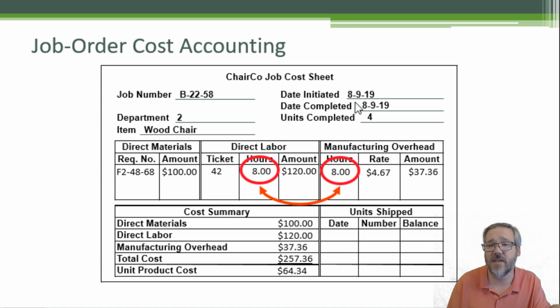As of this moment, this is 8/9. Let's say the gas bill doesn't come in until 8/30. I don't know what my real bill is going to be. I can estimate what it's going to be, but I can guarantee you that is not going to be accurate. We're going to have to fix misapplied overhead. We'll either under or over apply overhead, and we'll have to fix it later. But we'll see that at another point.